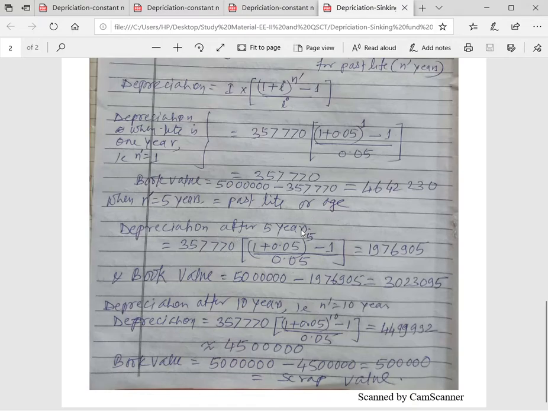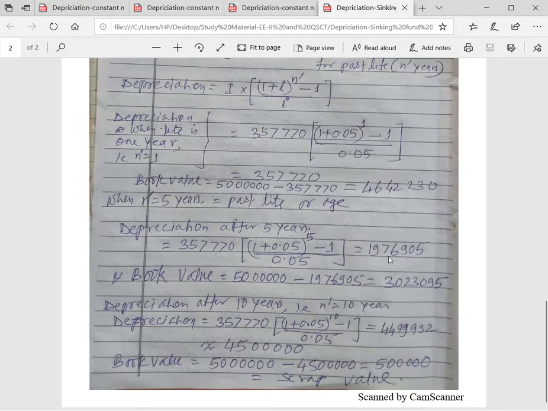So depreciation after 5 years, again using the same formula, the yearly deposit, that is 3,57,770 in bracket 1 plus 0.05 to the power 5. Now that is past life, because we want to work out depreciation for 5 years. So here minus 1 divided by 0.05. So just work out here.